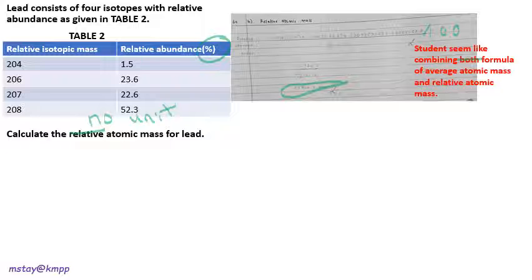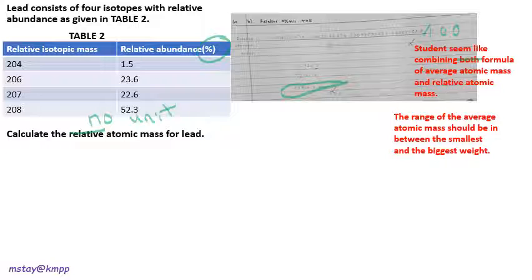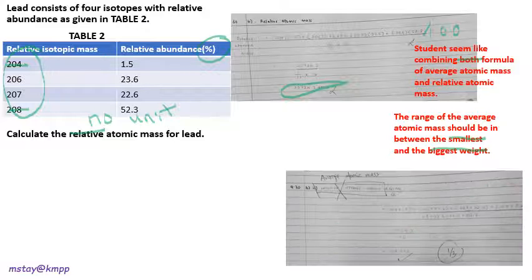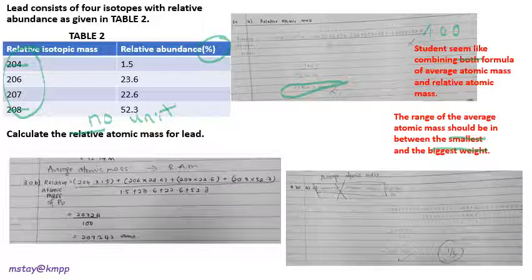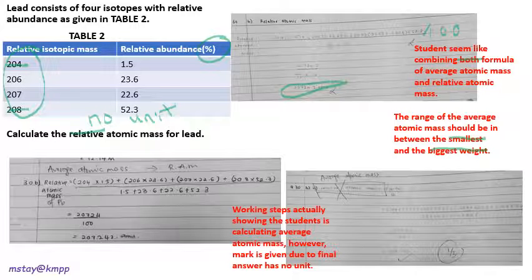So here is one tip. The range of the average atomic mass should be in between the smallest and the biggest weight of the isotope. So that means it will be in between 204 and 208. Another two students here show that they are calculating the average atomic mass.